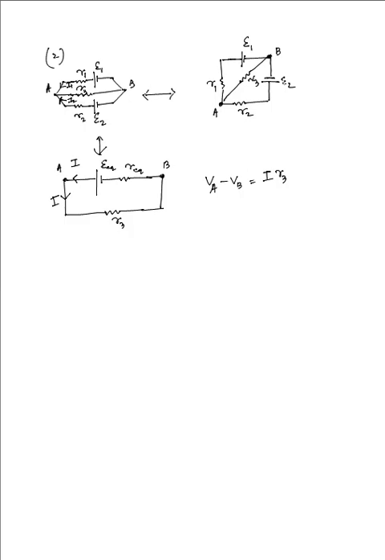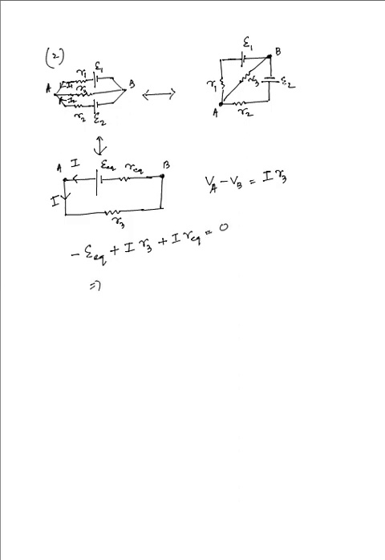What about I? Now the total current that is flowing across the circuit, we simply can apply Kirchhoff's law, and taking it in the counterclockwise sense, what we have is minus E equivalent plus I R3 plus I R equivalent is equal to 0.